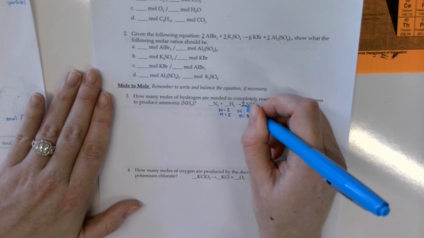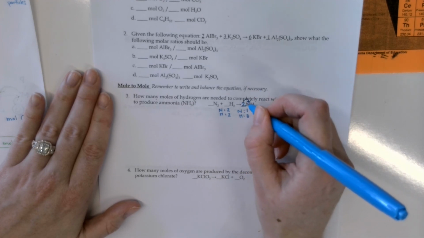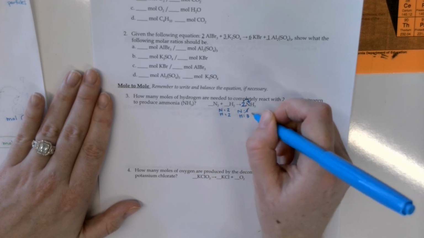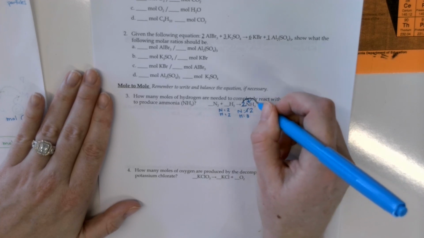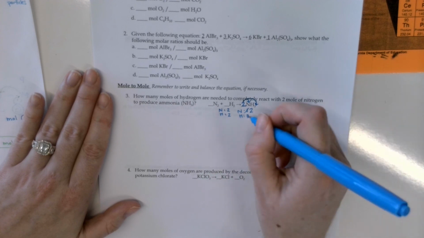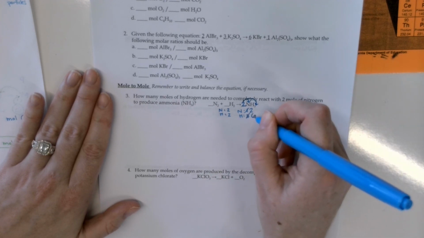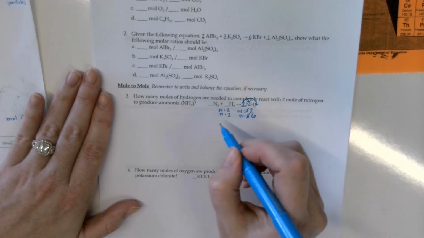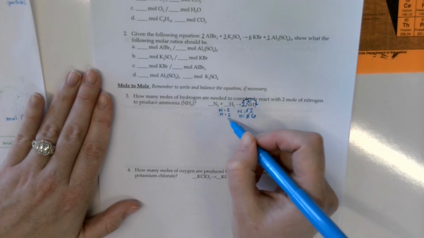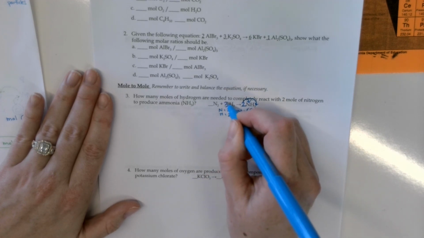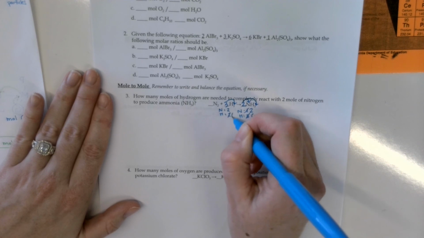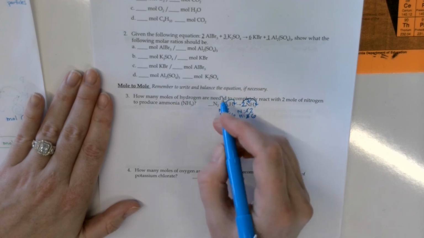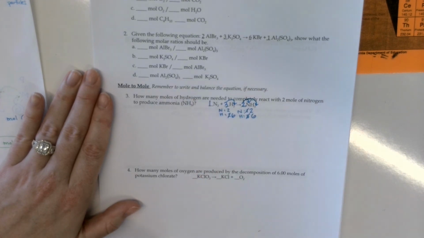So I'm going to place a 2 here. That fixes 2 times 1 nitrogen is 2. 2 times 3 hydrogens, though, we now have 6 hydrogens. So to fix on my reactant side, I'm going to place a 3 in front of hydrogen. And remember, when there's no number, it's an understood 1.